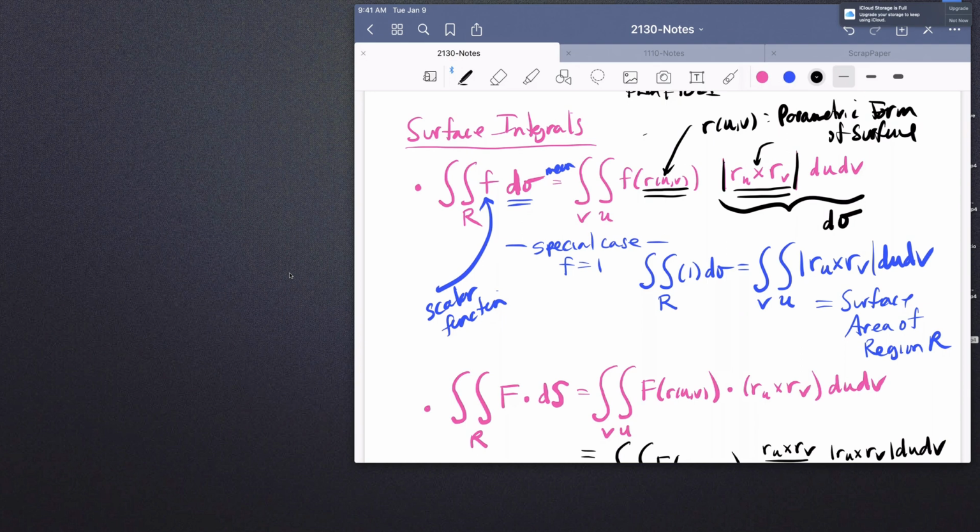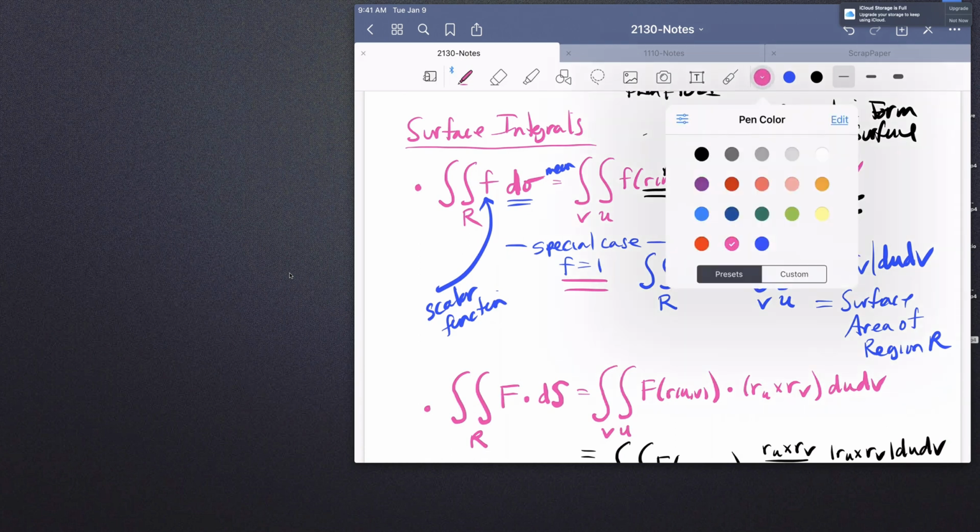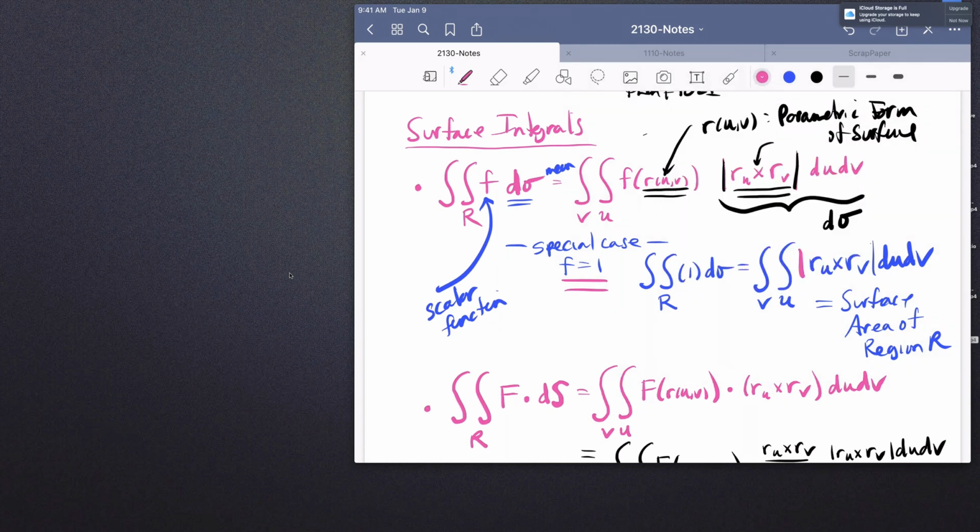What we're going to find is something interesting: there's a special case where you let the function that you're integrating equal 1. When you integrate 1 d sigma by itself, it is the magnitude of r_u cross r_v du dv.